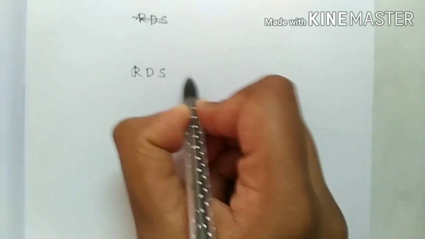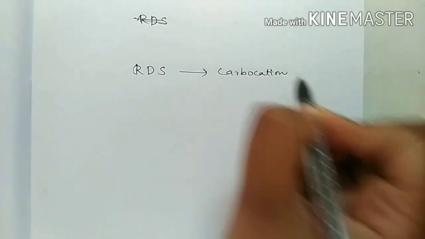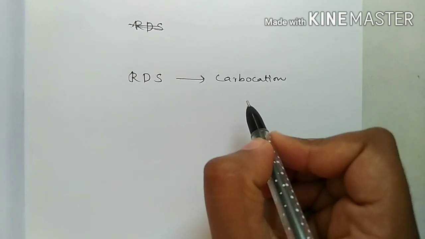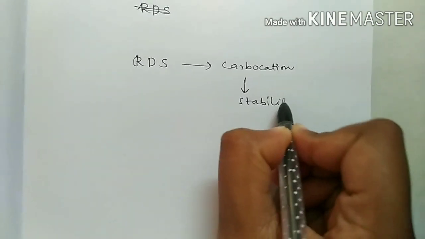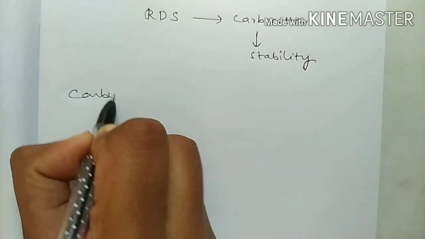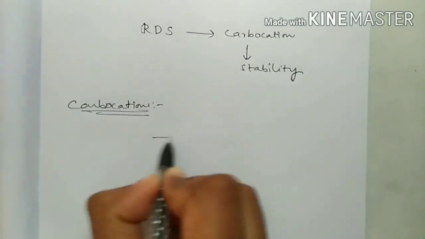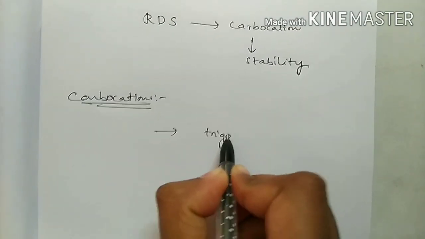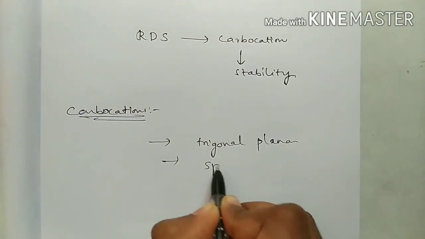Since in the rate determining step a carbocation is being formed, the rate of the reaction highly depends on the stability of the carbocation. So let us discuss carbocations. Carbocations are trigonal planar. They are sp2 hybridized.